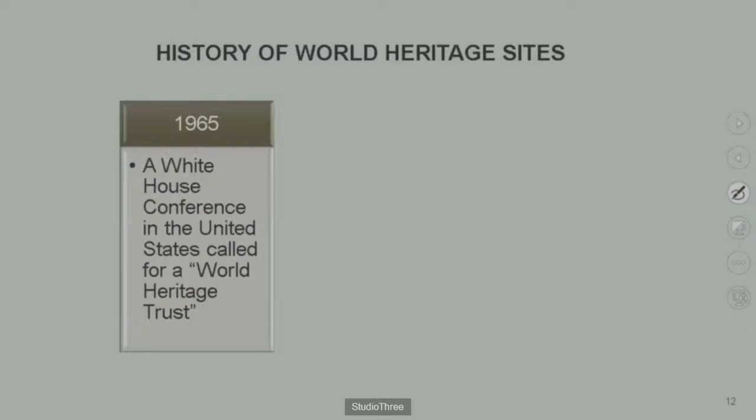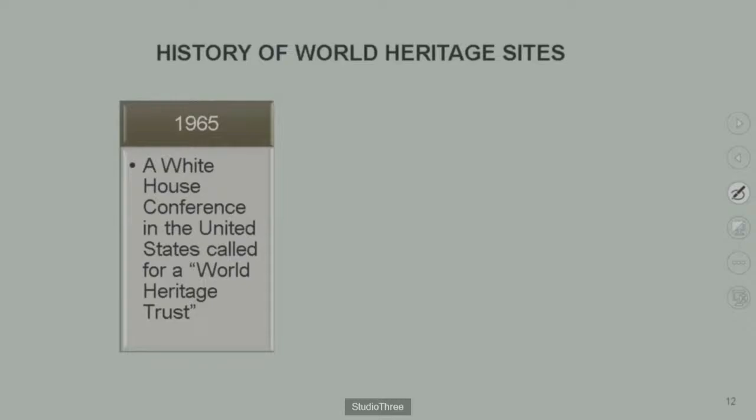This trust was called to protect historical and cultural sites as well as significant natural and scenic sites of the world. The world is ours. We Indians always used to say that this world is our family, Vasudhaiva Kutumbakam, that this whole earth, this whole world is our family. So it is the duty of everyone to protect these sites.